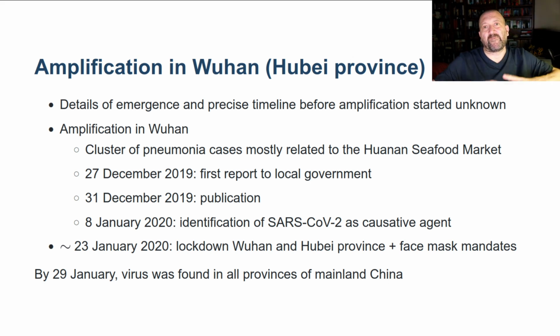So amplification is the phase of an epidemic during which the number of cases starts to blow up locally. I will come back to that in a later lecture. It's not really clear when things started, where they started precisely, but we know that amplification took place in Wuhan.